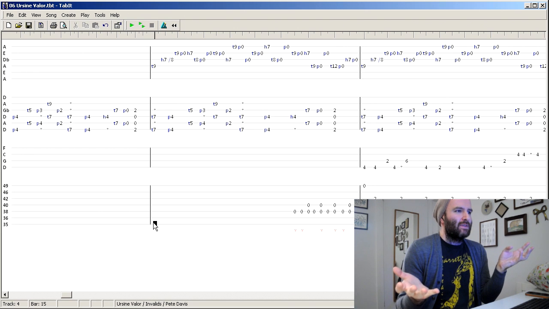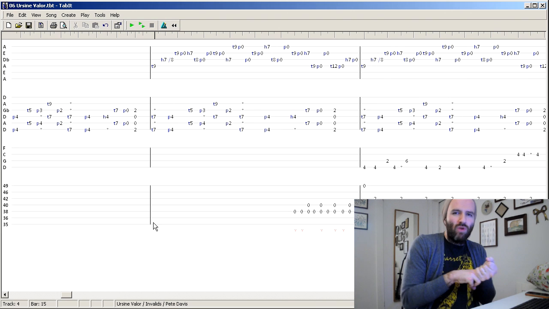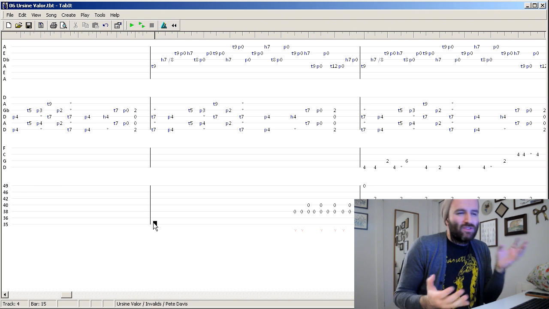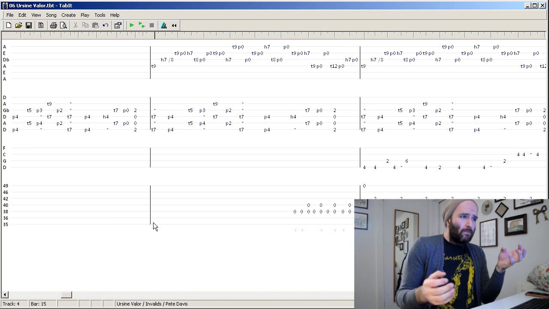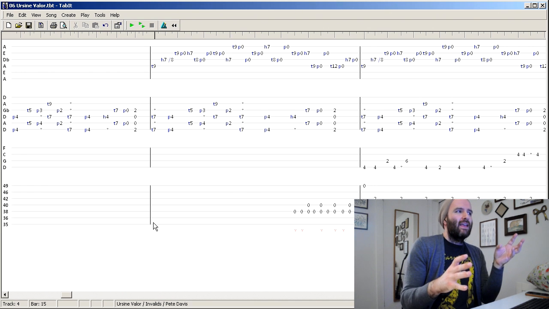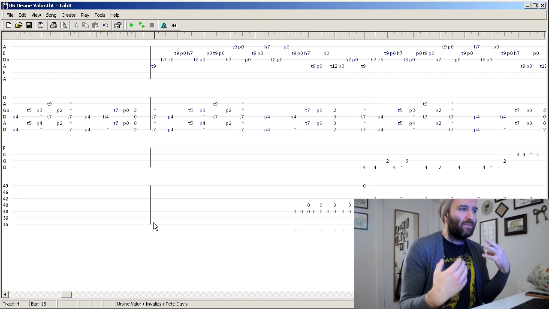So it's things like what instrument it's supposed to sound like, what the note identity is, like A, B, C sharp, whatever, when the note is supposed to start, how long it's played, when it terminates, what the velocity is, which is the volume or how hard the note is played, stuff like that. So you sequence this MIDI data in a program like Tabit, and the computer plays something back for you.